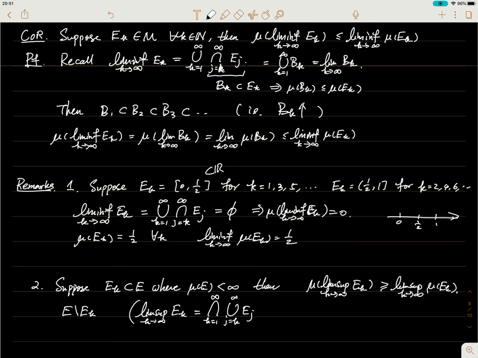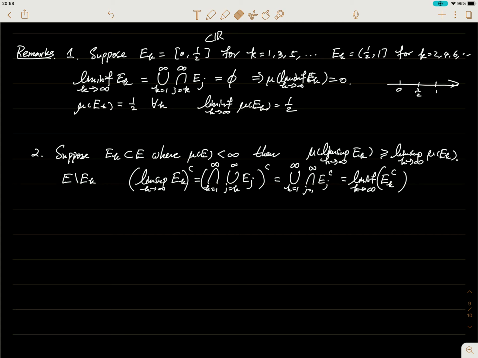So if I take a complement on both sides, I'll have this. And then this right-hand side, by using De Morgan's law, is equal to this. I just need to switch the intersection and the union, and also put a complement on each of those sets. So this on the right-hand side is just the lim inf. So it's taking the lim inf of this.